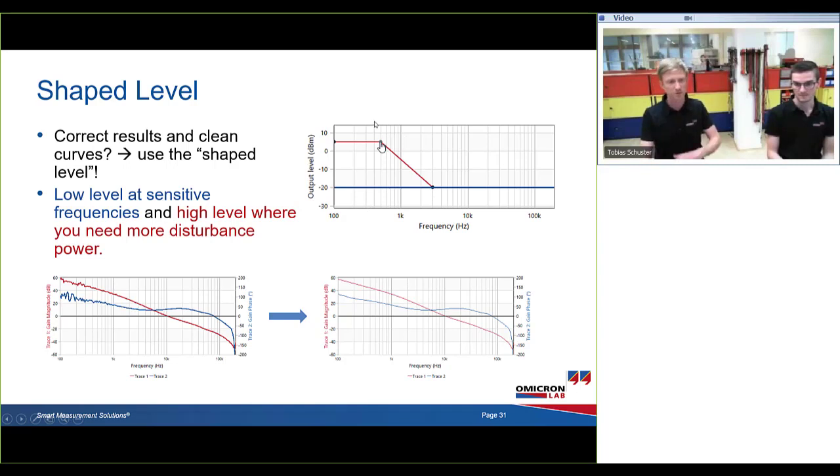And with a change of injection signal level like that, you can avoid saturation in the higher frequency areas where the system is sensitive to the slew rate, and overcome the noise in the lower frequency areas where you need more drive signal to get the measurable result on the one side of the injection resistor.